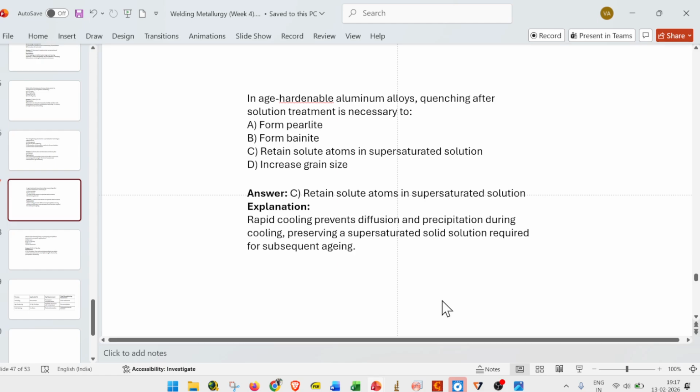That is the reason why we do quenching in the case of aluminum alloys. Increase the grain size? No. Rapid cooling prevents diffusion and precipitation during cooling, retaining the supersaturated solid solution required for the subsequent aging. Okay.